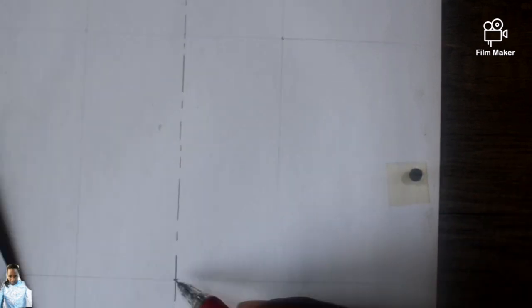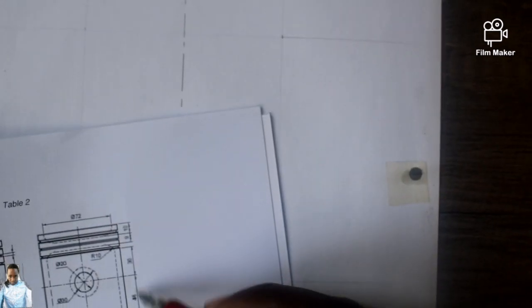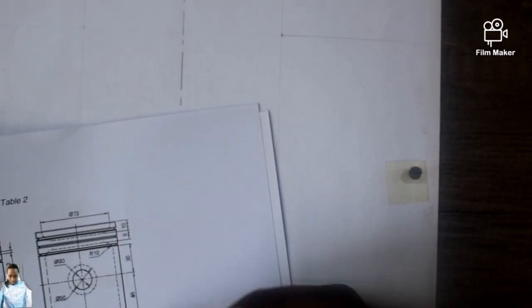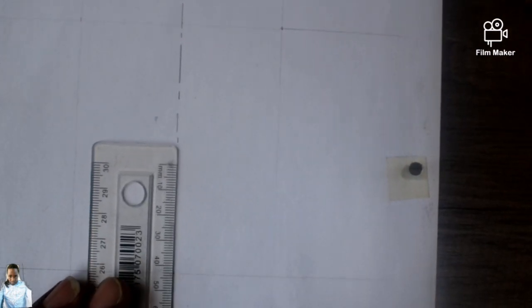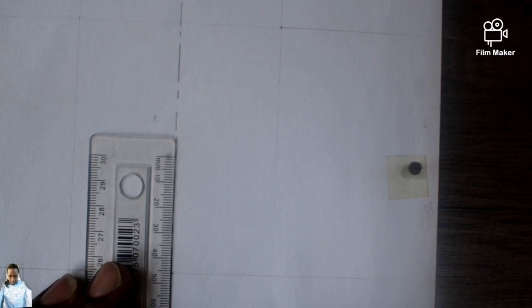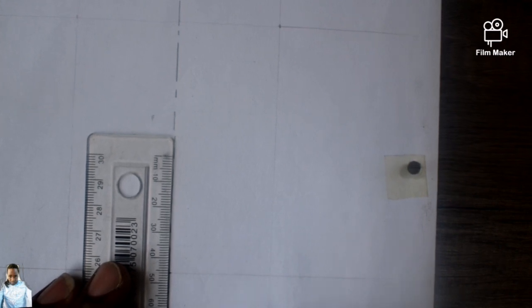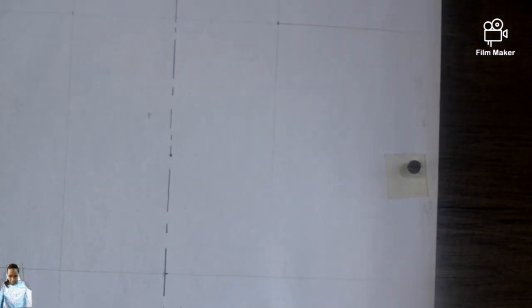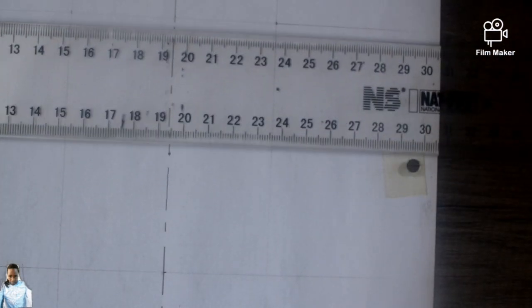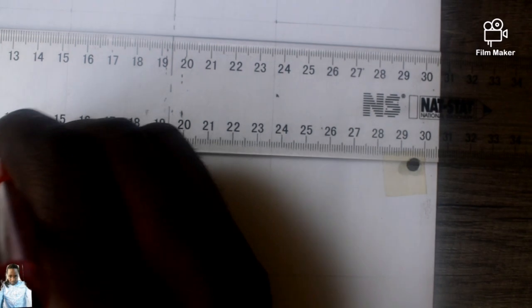So now where 100 millimeter goes, I'll go back with 46, I think it's 46 millimeter or something. I'm not sure, my brother. What you sent me, it's not clear. So if it's 46, it's ending there. So there is a 46.